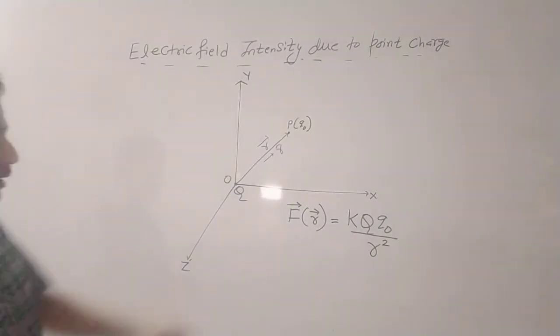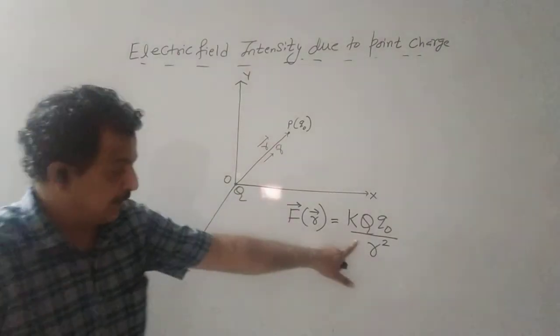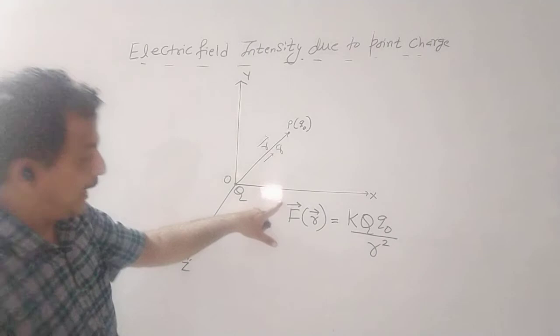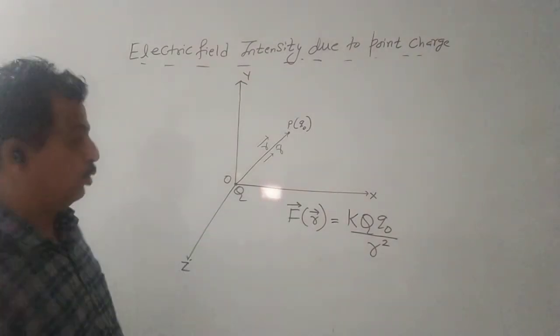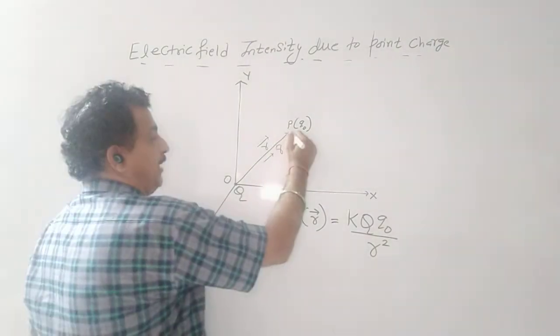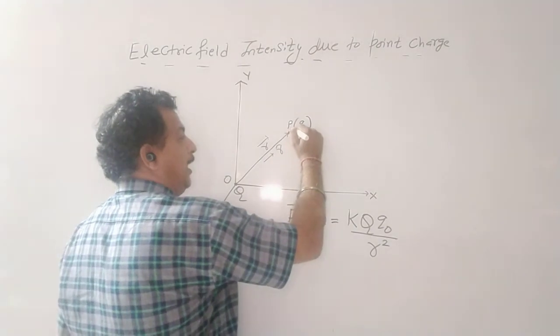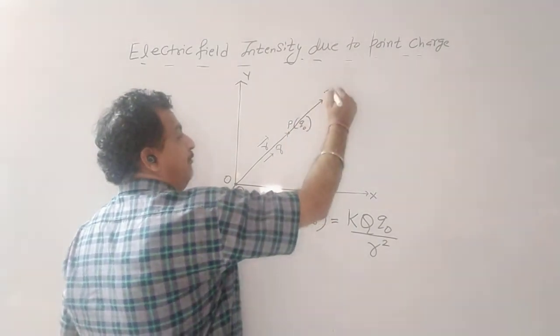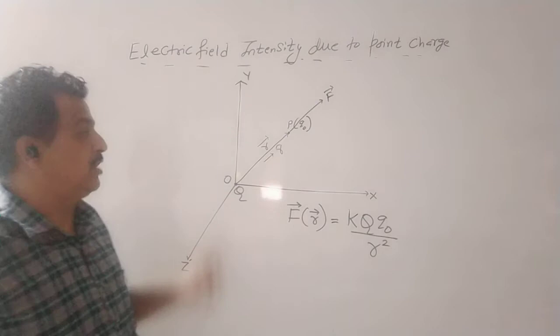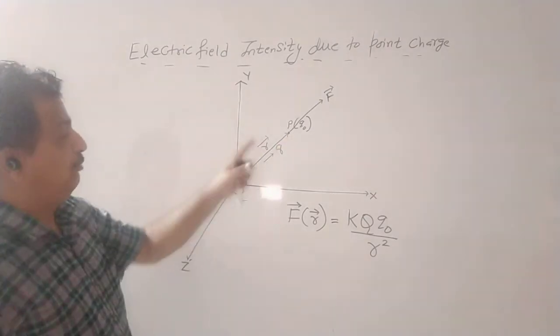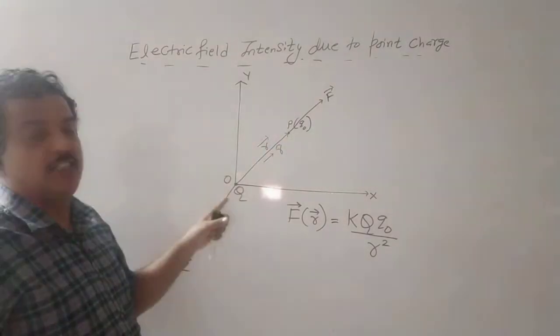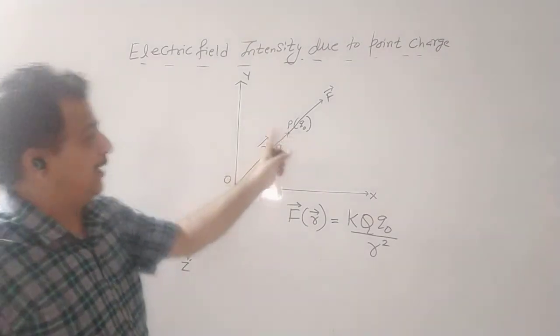Now this is the force in a scalar form. We have kept the arrow to indicate the direction also. So the direction of the force acting is outward. We assume the source charge is much larger than Q naught. So we need to find out its intensity, its strength.